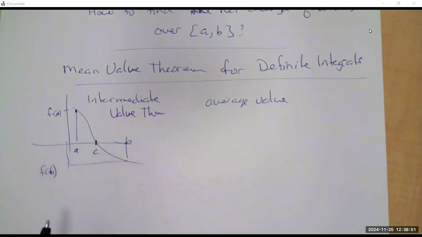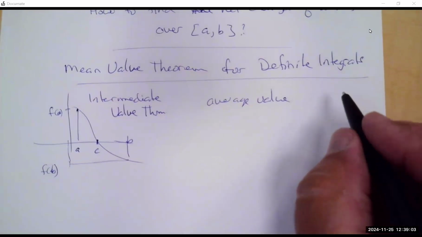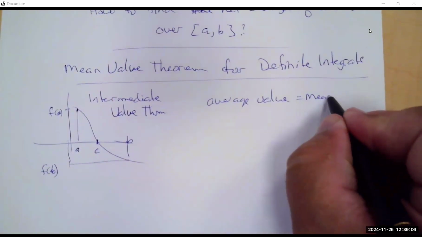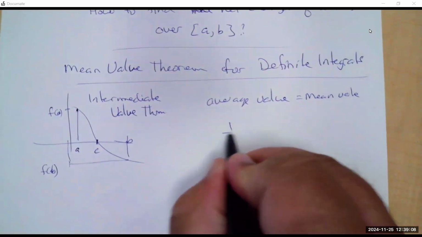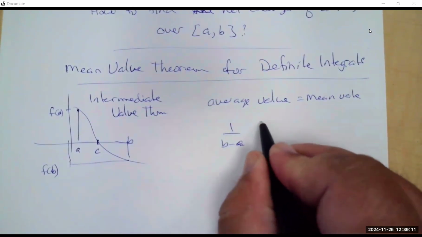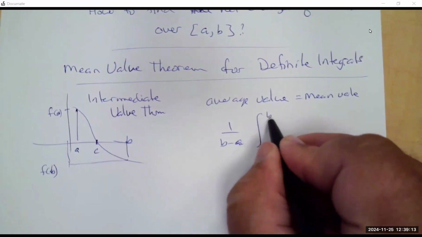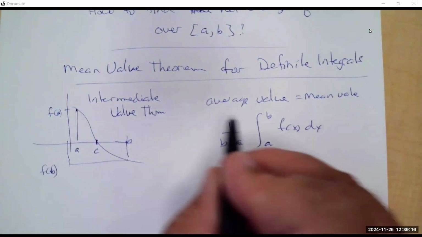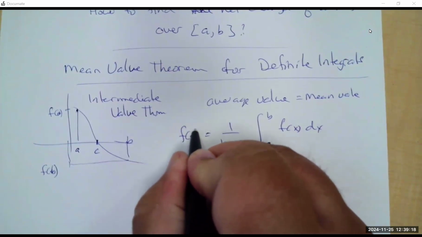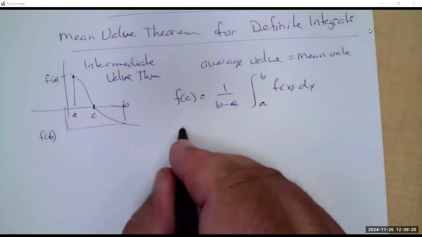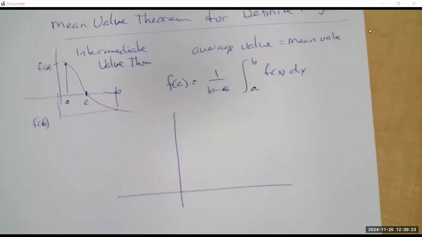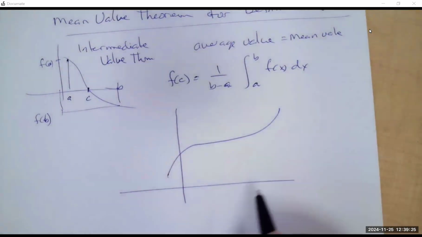And this is going to be important for us because whenever we have graphs on both sides of the x-axis, we have to separate them up. So the average value, which is the mean value, relates to what we just found. This is what it's used for.